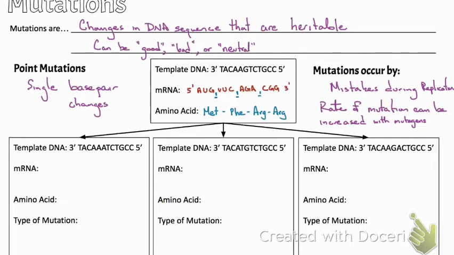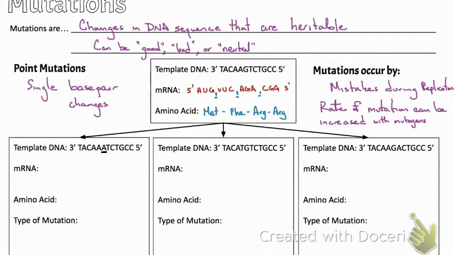Now let's look to see what effect mutations have on the mRNA and the amino acid sequence. If you compare our original sequence to the sequence in the bottom left-hand here, you're going to find that the 6th letter has been changed from a G in the original sequence to an A in this template DNA sequence.